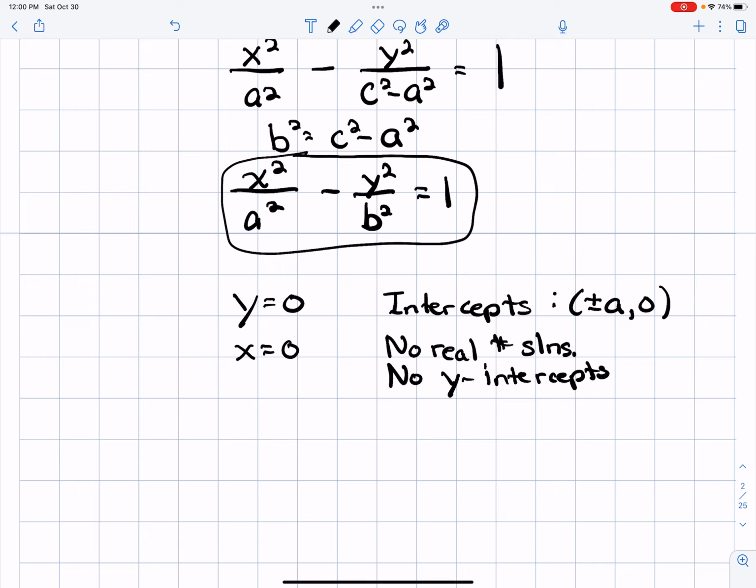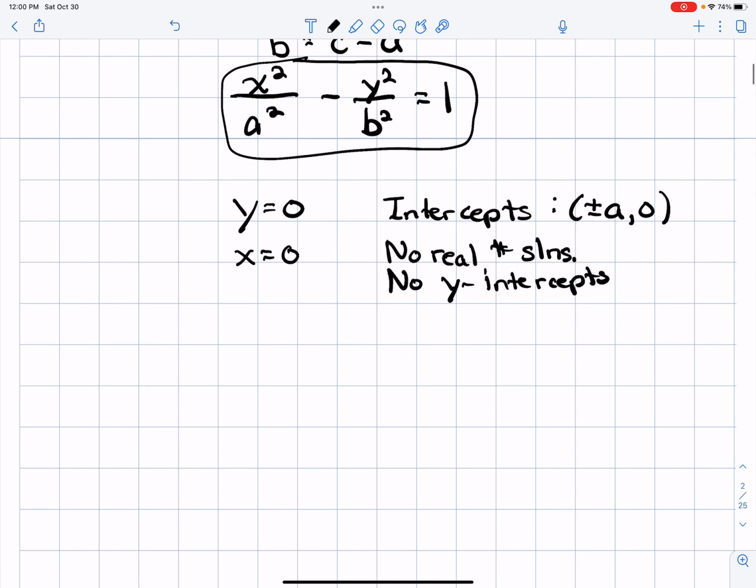Now for sketching the hyperbola, we've developed some aids. The aids are not actually part of the graph, but they help us to figure out where to sketch it. And we use the concept of limits, or if you'd rather, you can think about asymptotes. We can take the equation and solve for y.